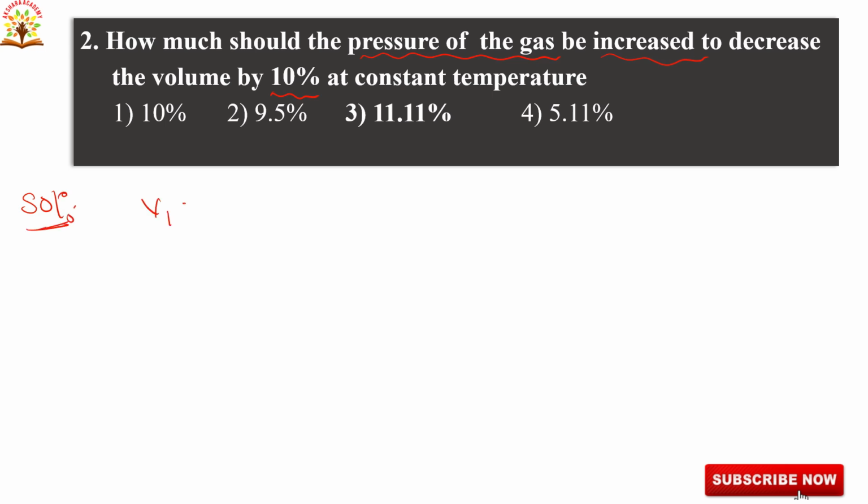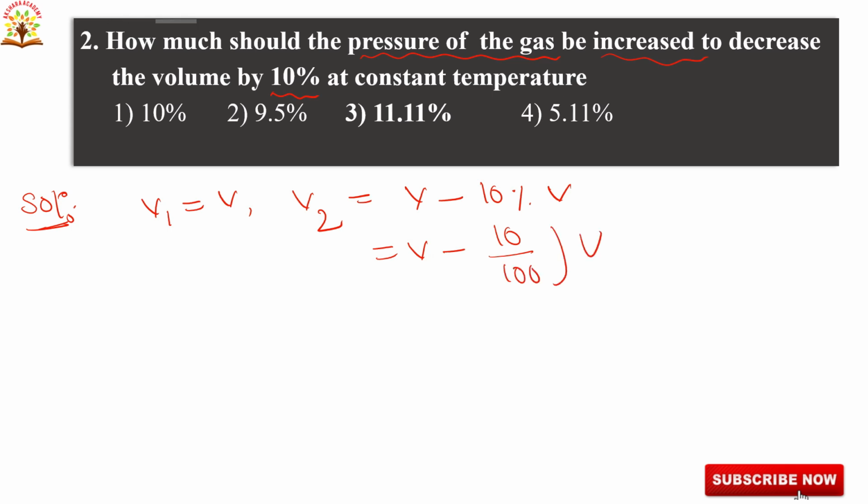Given V1 is equal to V and V2 is equal to V minus 10% of V. So V minus 10 by 100 into V. By taking LCM we are getting 100V minus 10V by 100. 100 minus 10 is 90.